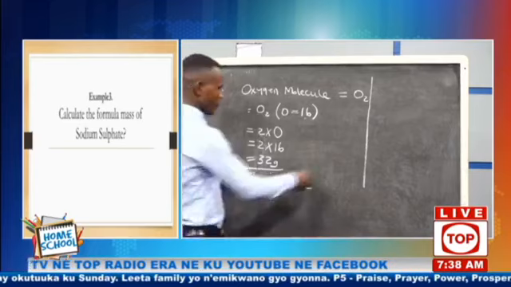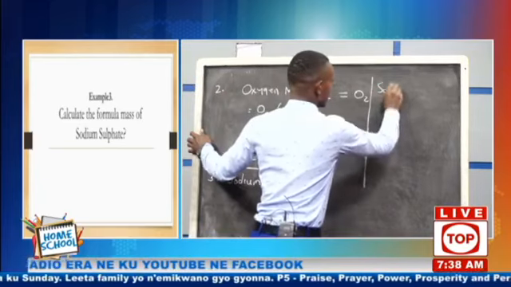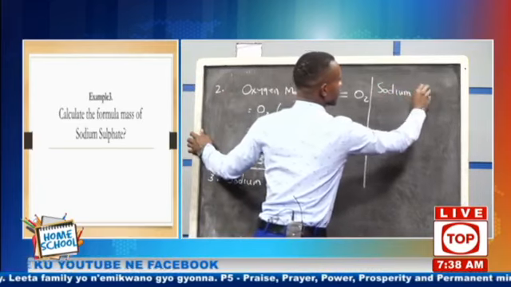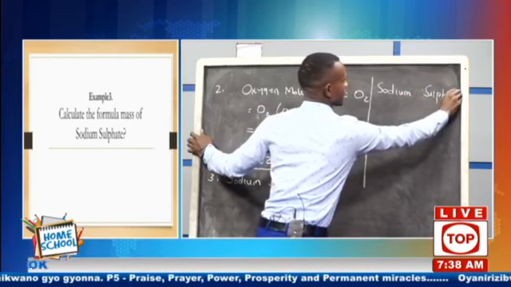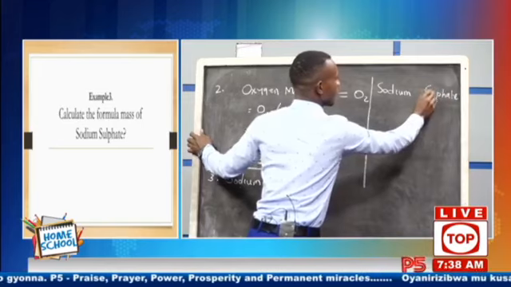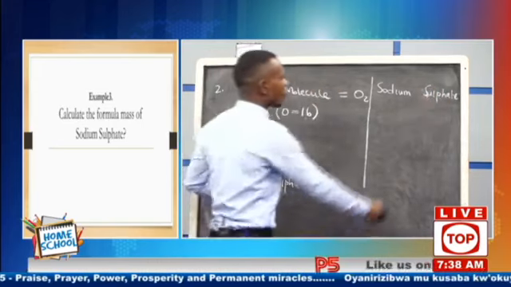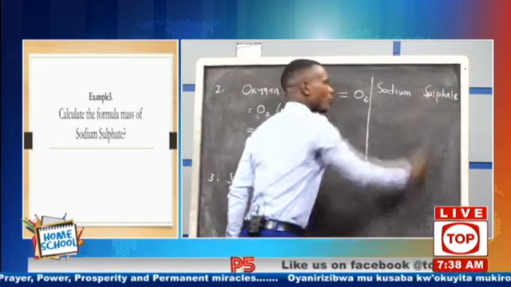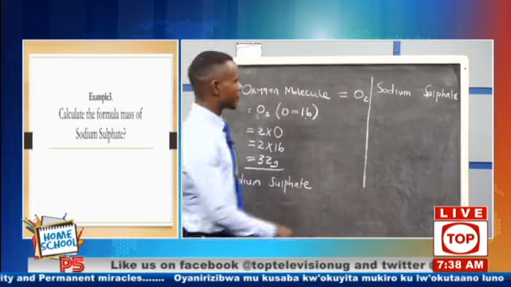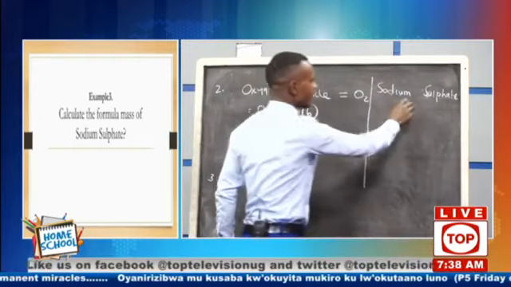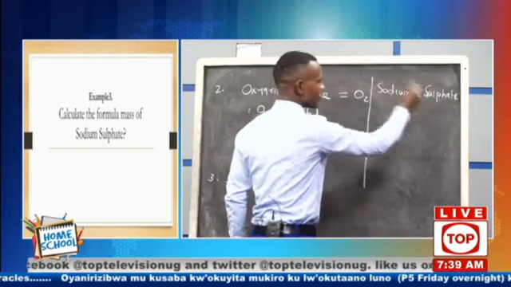Okay? When you are given sodium, and here you are given sulfate, and you want to write the chemical formula. Step 1, you identify the elements present or the radicals present.